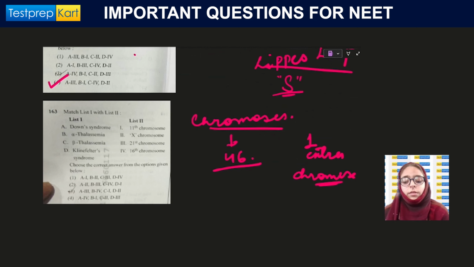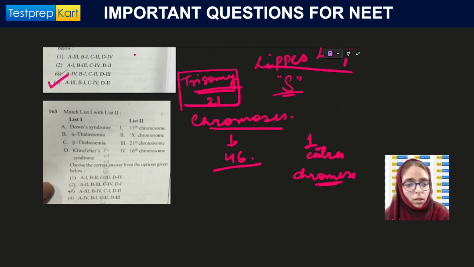Medically, having an extra copy of a chromosome is called trisomy. That's why Down syndrome is also referred to as trisomy 21. So Down syndrome will be option number 3.